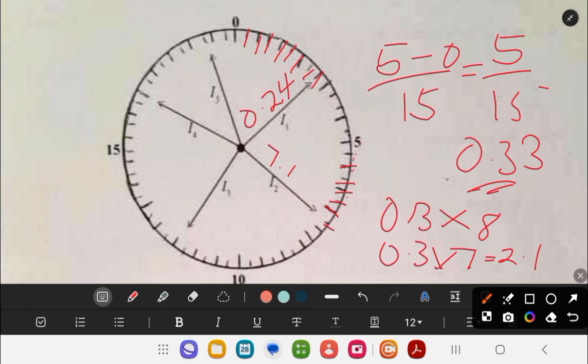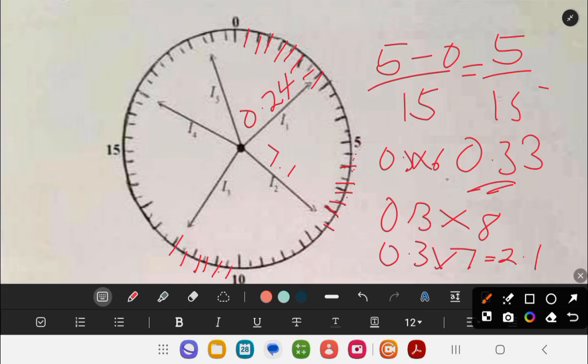Alright, so we go again. 1, 2, 3, 4, 5, 6. So 0.3 times 6 is 1.8.